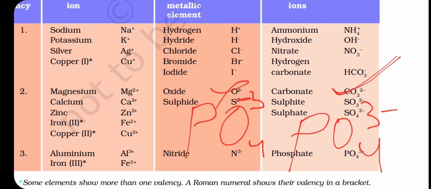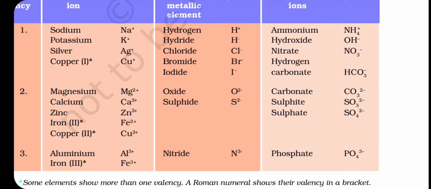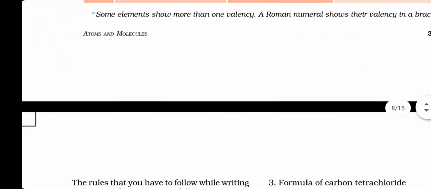You have to write only PO4 3-, not PO4 -3. This is wrong. So you have to first write the number of the charge, then the sign, that is 3-. 3- means PO4 has a valency of 3-. Okay, so you have to remember all this.